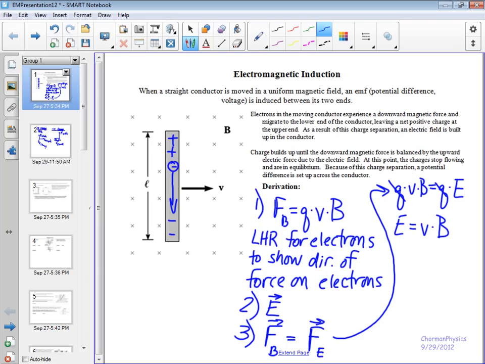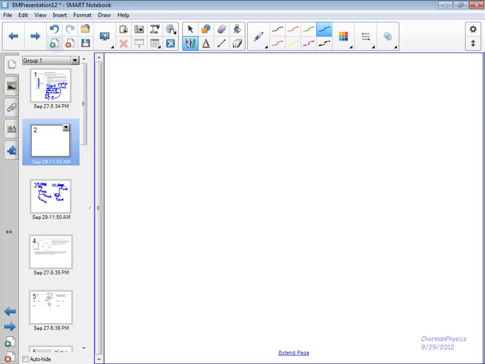The potential difference that builds up will be built up over the length of the conductor. So whatever the electric field strength is, over the length of the conductor, will tell us what the potential difference is between both ends. We have this equation from topic 5: the potential difference is equal to electric field strength times the distance between 2 points in that electric field.